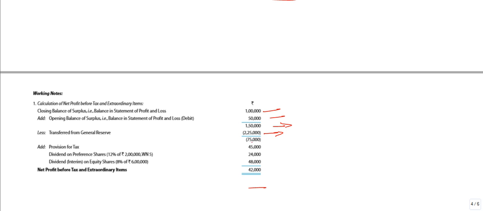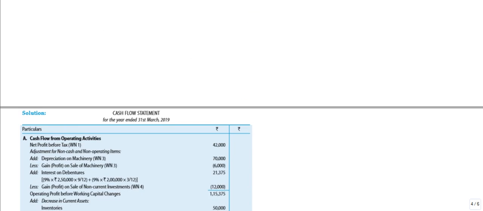We get this year's loss of 75,000. Then we add the transfers: provision for tax 45,000 this year, and dividend for 24,000, that is 12% of 2 lakh, and dividend on 6 lakh rupees at 8%, 48,000. Adding these, we get the profit before tax and extraordinary item, 42,000. We take this amount to the cash flow statement.